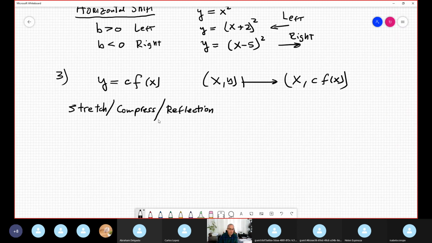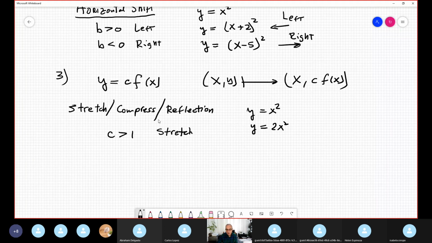Suppose a is greater than 1. Then it's a stretch, a vertical stretch. It's vertical because, okay, suppose y equal x squared. This is my original function. Now I multiply by 2: 2x squared.